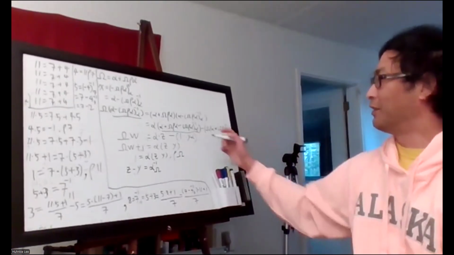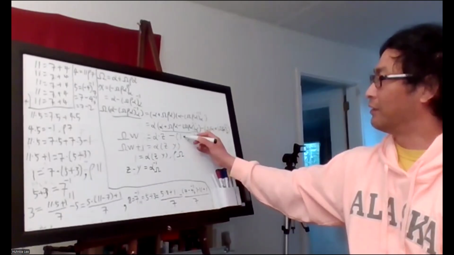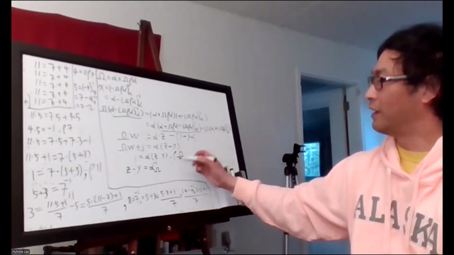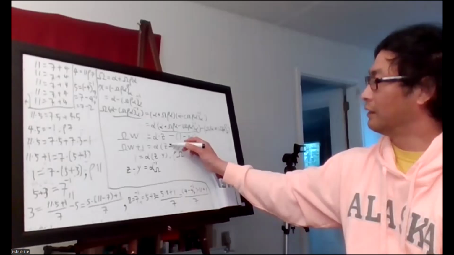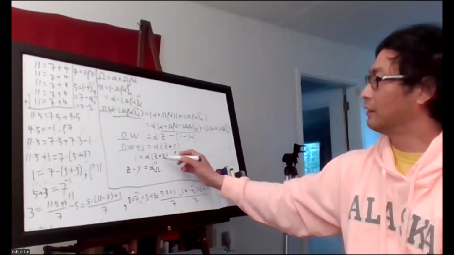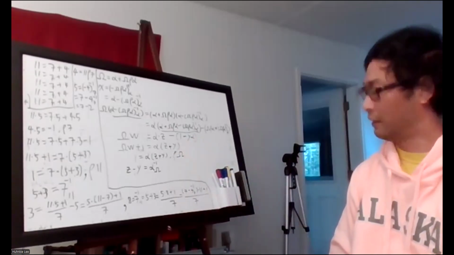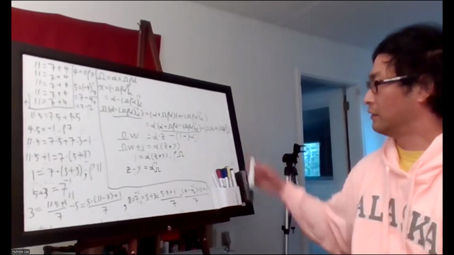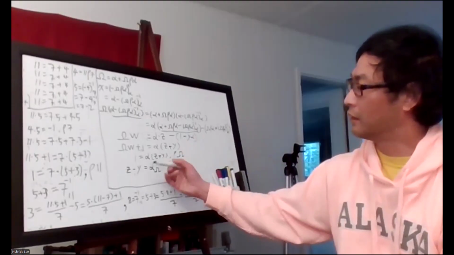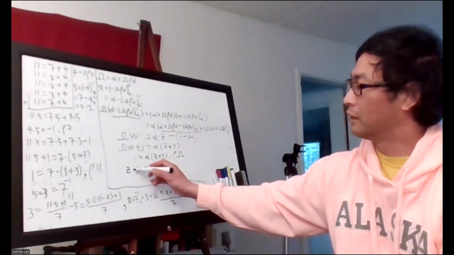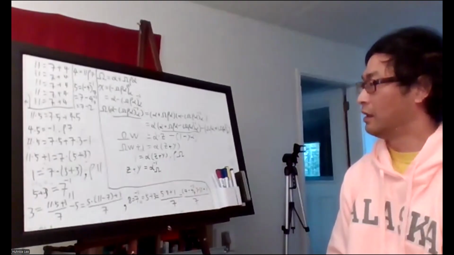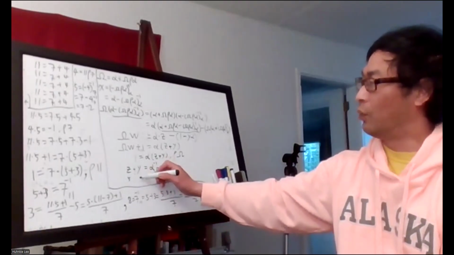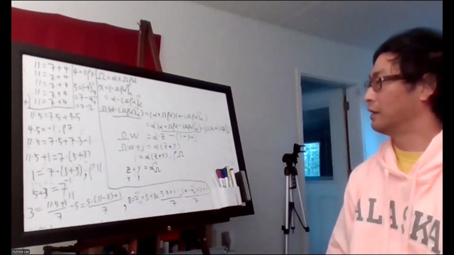Why? Because it does not matter as long as it's a multiple of alpha. So in our example, z is 5 and y is 3.